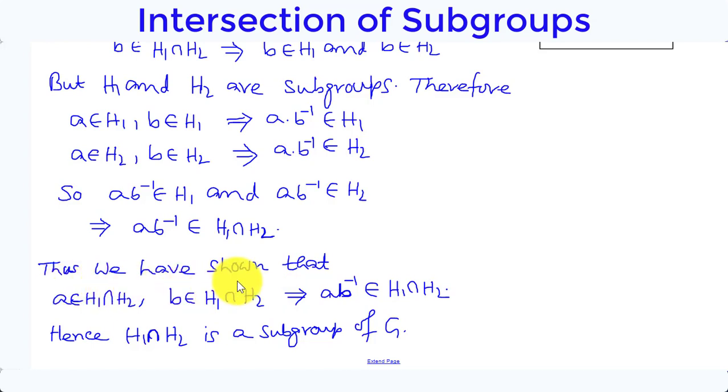Thus, we have shown that A belongs to H1 intersection H2, B belongs to H1 intersection H2 implies that A into B inverse belongs to H1 intersection H2. Hence, H1 intersection H2 is a subgroup of G. So, intersection of two subgroups of a group is also a subgroup of the group.